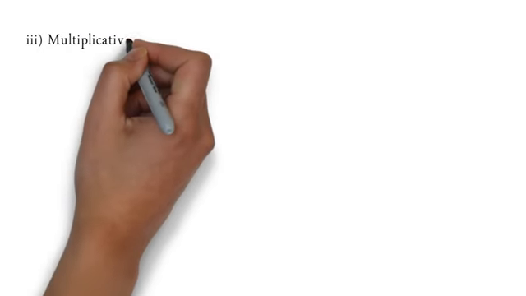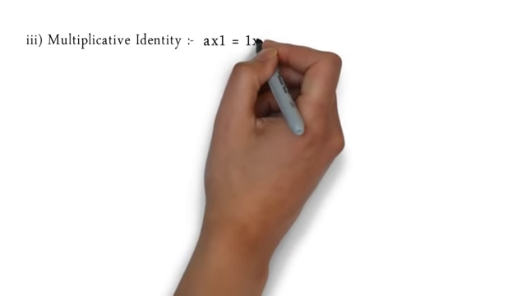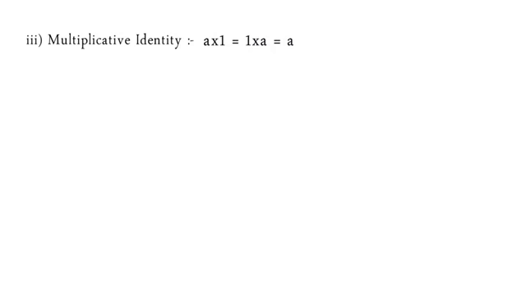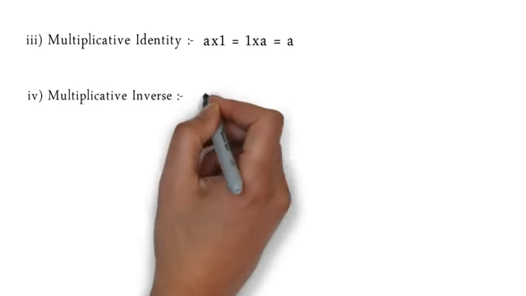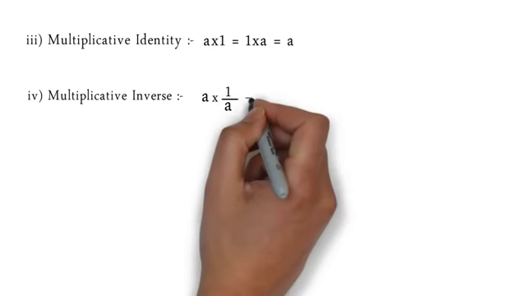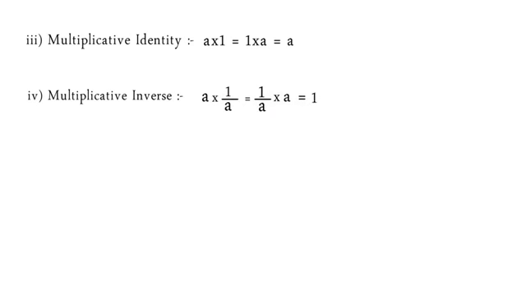Third, multiplicative identity. a into 1 is equal to 1 into a, which is equal to a. Fourth, multiplicative inverse. a into 1 by a is equal to 1 by a into a, which is equal to 1.